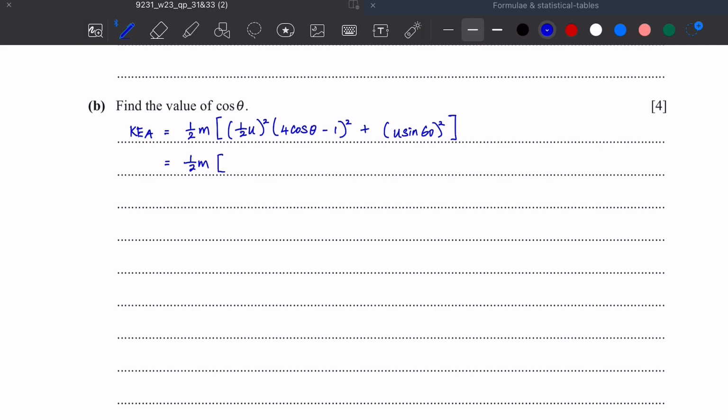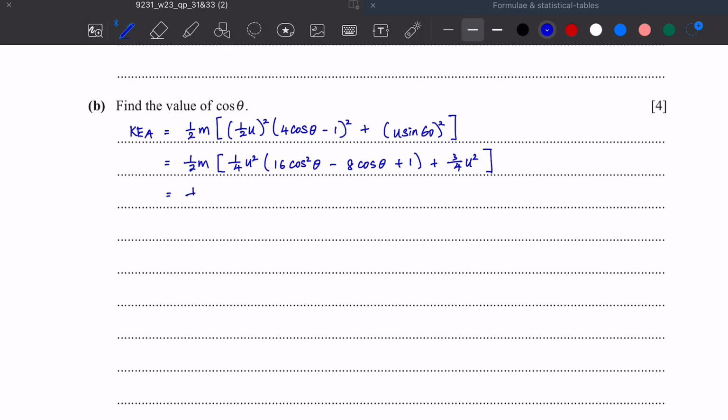And we would have 1/4 u squared times 16 cos squared theta minus 8 cos theta plus 1, plus 3/4 u squared.